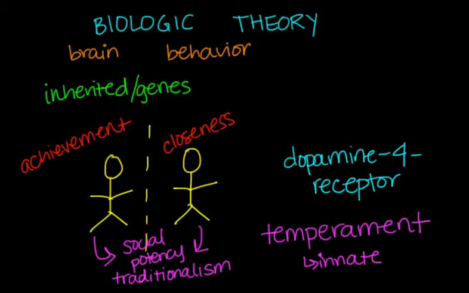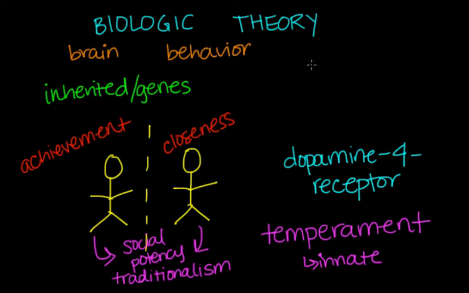So temperament is anything from our mood to our activity level, and it's usually consistent throughout our life. Temperament is not solely associated with the biologic theory. It's also associated with several other theories, including the trait theory. So biologic principles can underlie important concepts in many personality theories.